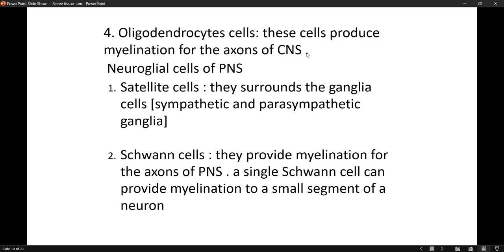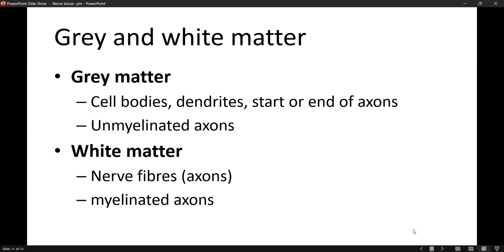Oligodendrocytes are specialized cells which provide the myelin sheath for the neurons or the axons that we see in the central nervous system, whereas in the peripheral nervous system, the myelin sheath is provided by the Schwann cells. Then you have satellite cells, which are seen more in the ganglia in the peripheral nervous system. So these are some of the neuroglial cells.